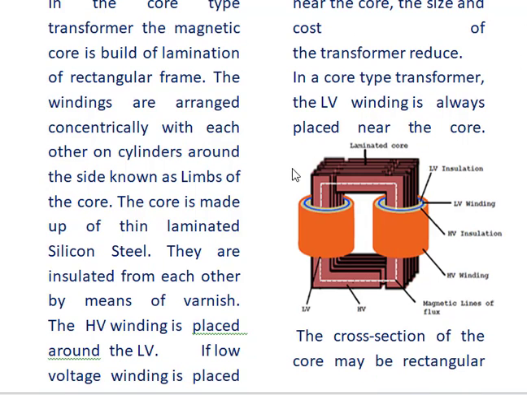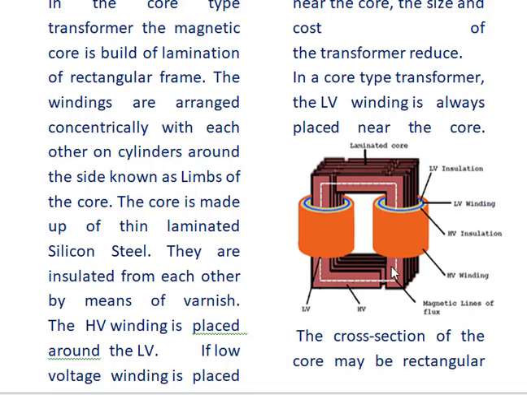In the core type of transformer, there are two types of winding, high voltage winding and low voltage winding. The high voltage winding is placed around the low voltage winding.